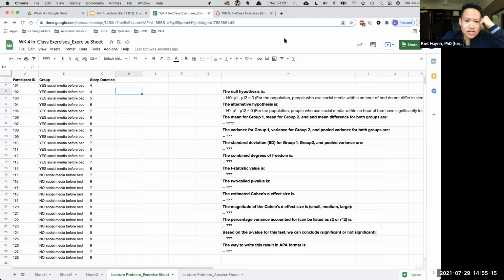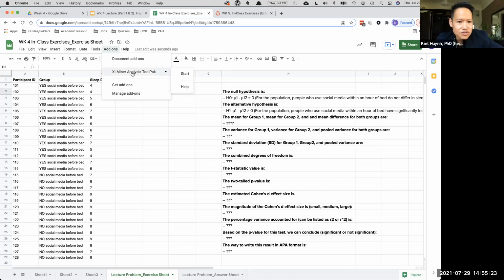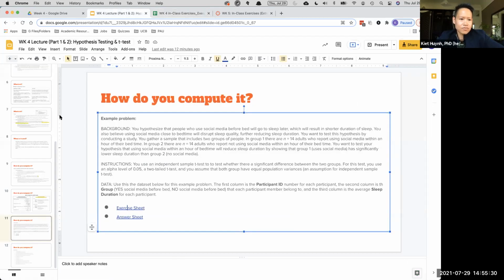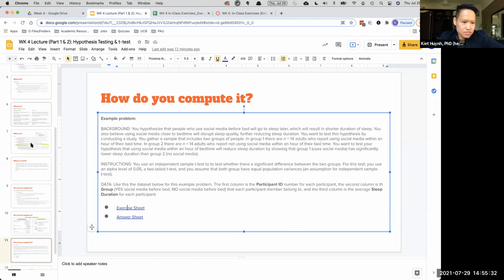So once you install it, and you click add-on, it should pop up here. XLMiner Analysis Toolpack. I want to add it to the lecture so you know how to find it.